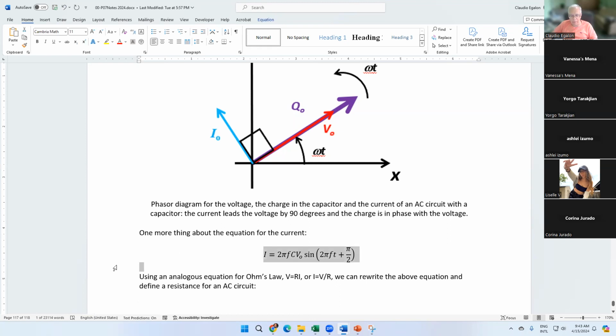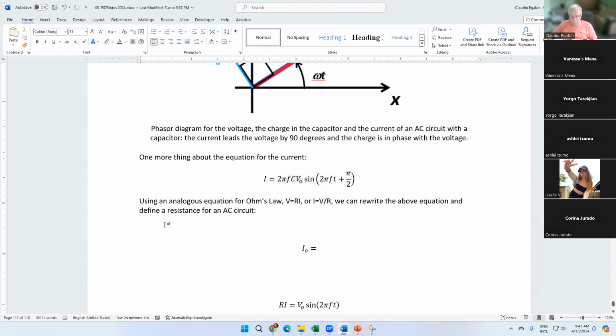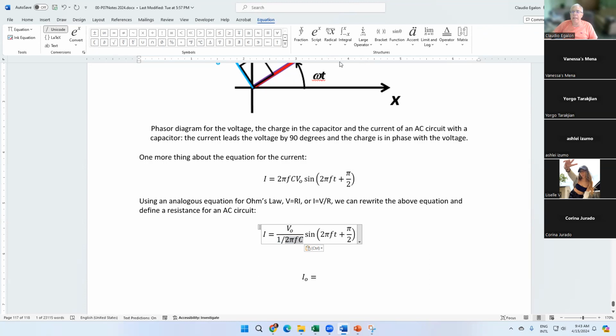I'm going to rewrite this equation, right? Now instead of having 2 pi f C upstairs, I'm going to put it downstairs, but in the proper way. This V naught should be divided by the inverse of this factor that you see right in here.